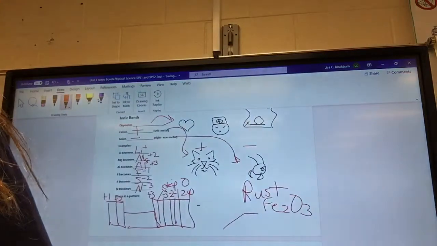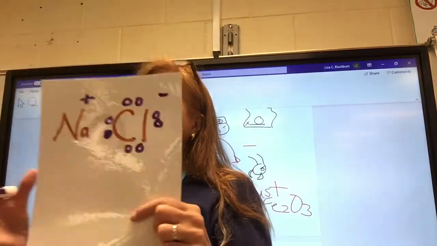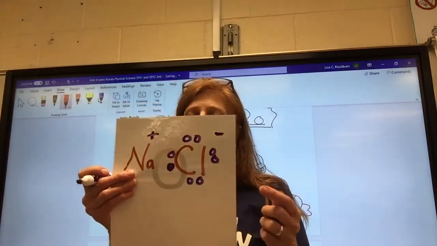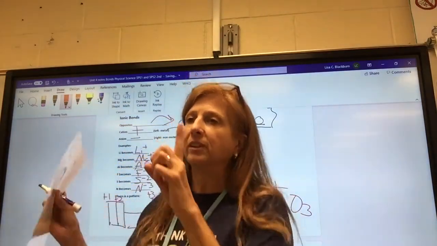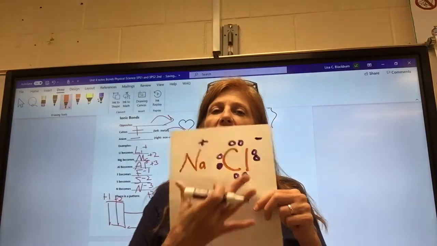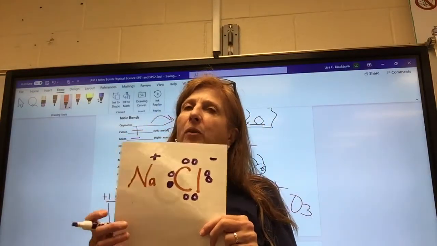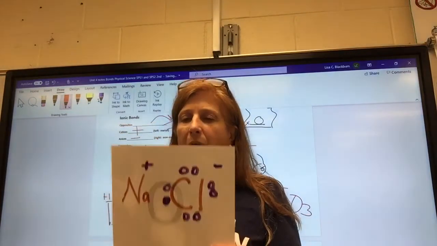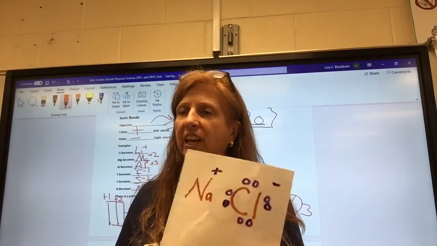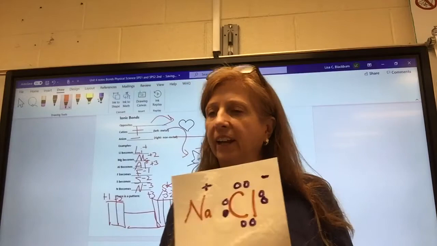It gained electrons. Electrons are negative. So now we have sodium that's positive, chloride that's negative, and what do opposites do? They attract. So they're stuck together like with a magnet, but it's with this force of attraction. And that's why salt holds together, and you can shake it on your food, is this right here.